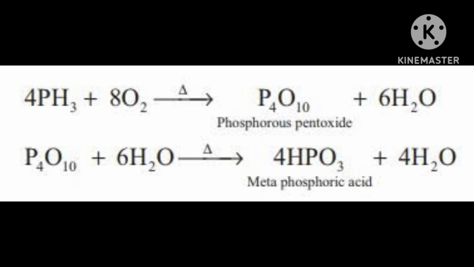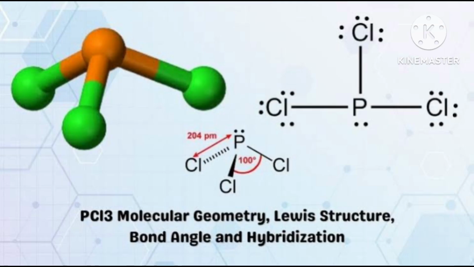It is a yellowish white powder, and in moist air, meaning with water, it hydrolyzes to POCl3, phosphorus oxychloride, and finally gets converted to phosphoric acid. A two-step reaction takes place.